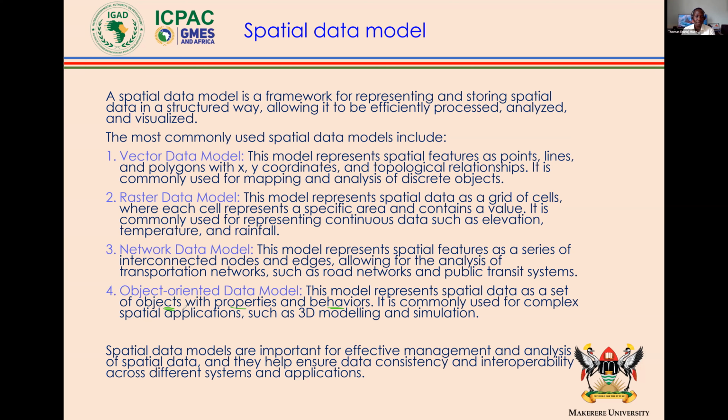So it captures three things: the objects, which must have a spatial or geographic component, its properties, which sit in the attribute table, and then the behaviors of that object. So this is commonly used for complex spatial applications such as three-dimensional modeling and simulation that is used in GIS.